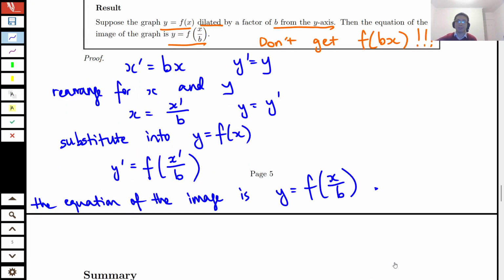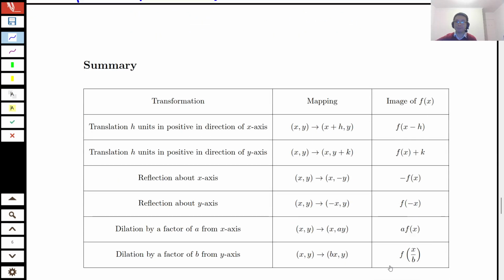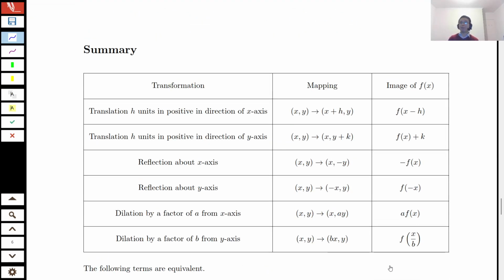Here's a summary. I think you need to have this table memorized, personally. And for most of the work that we do in this chapter, knowing this column is going to be really useful.